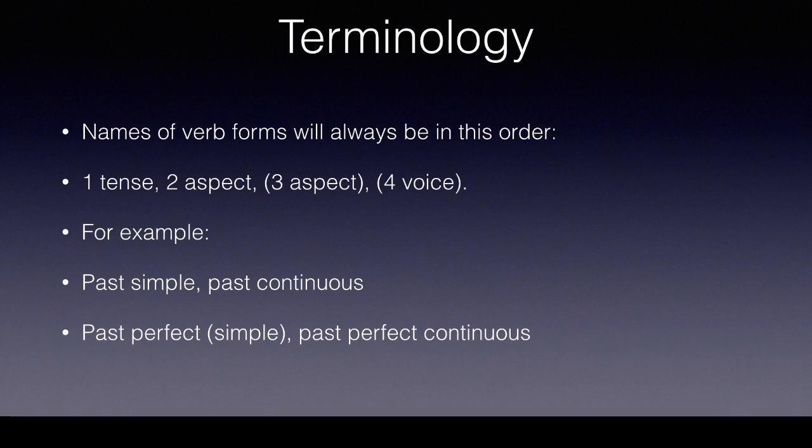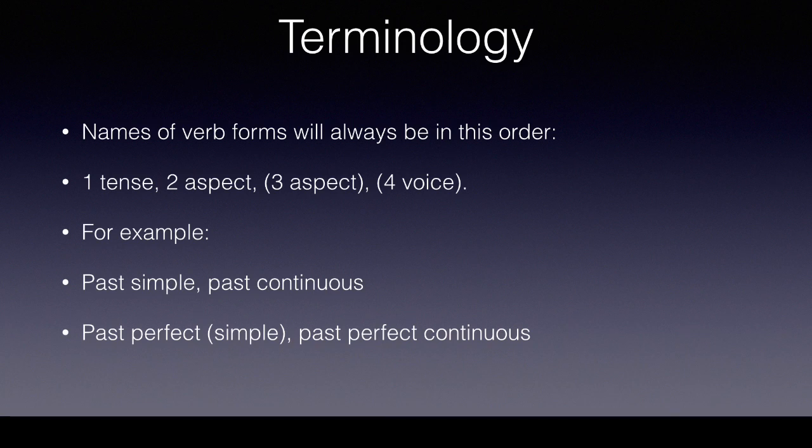So the 4 types, for example in English, past simple, past continuous, past perfect simple, but as I said we don't normally say simple, and past perfect continuous. These can be changed for different tenses but with the same aspect, so present simple, present continuous, present perfect continuous. Okay.